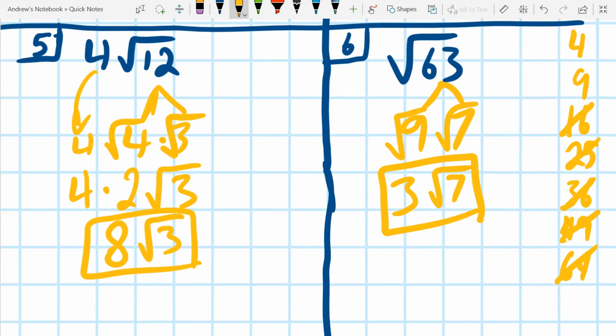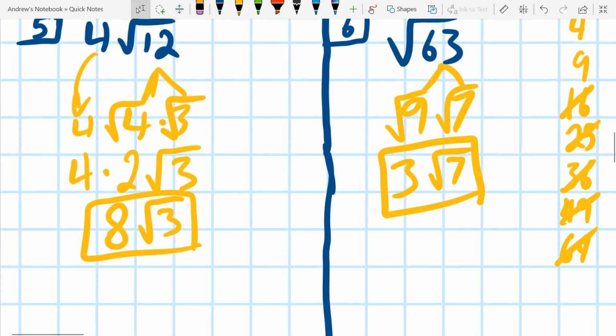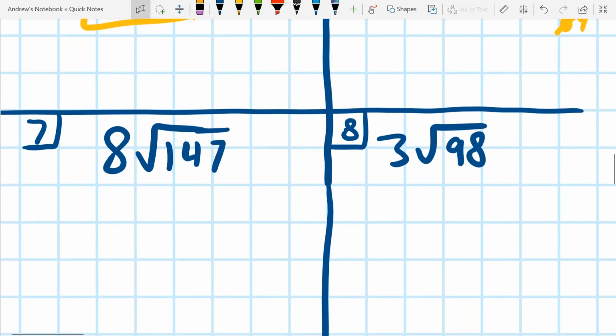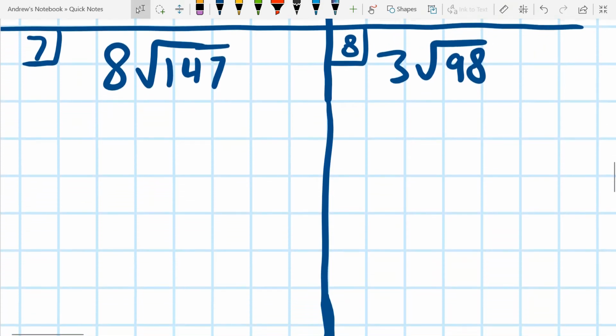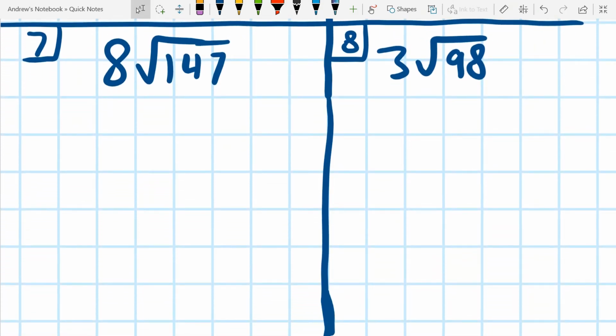So I work my way through those perfect squares to find one that is going to give me a nice number here. Now as our numbers get a little bit bigger, I'm going to do the same thing. I'm going to write down the 4, 9, 16, 25, 36, 49, 64, and that's 8 squared, so 9 squared would be 81.